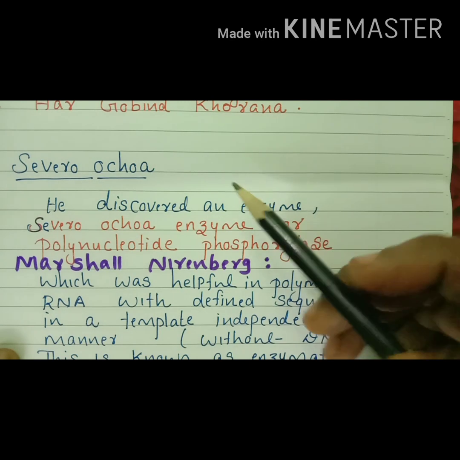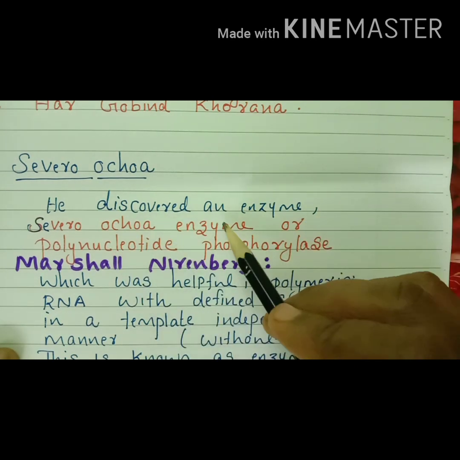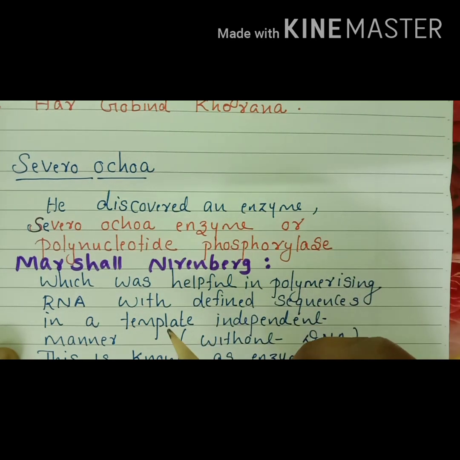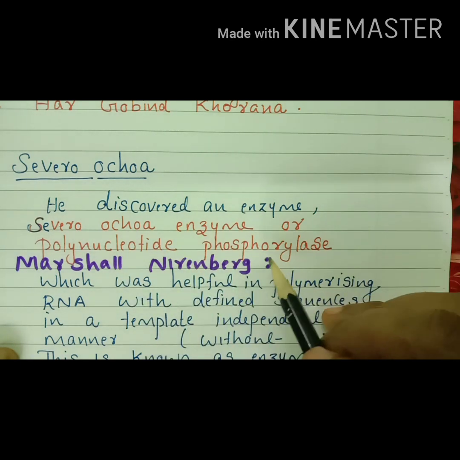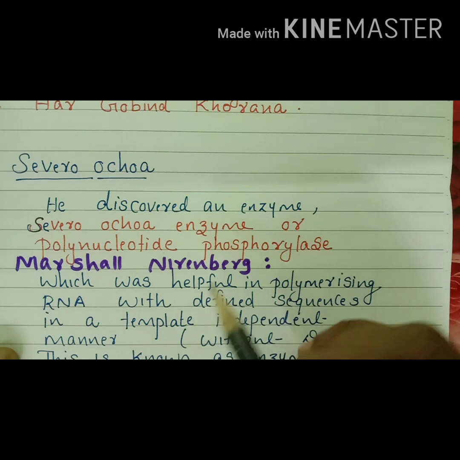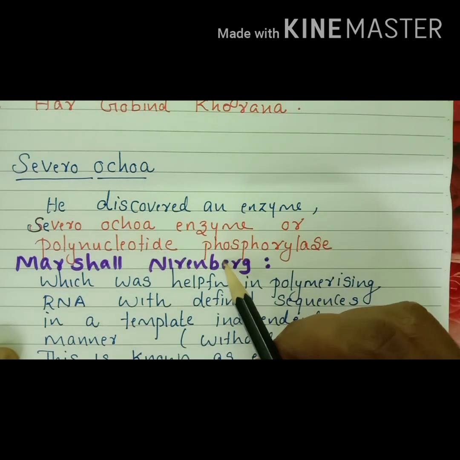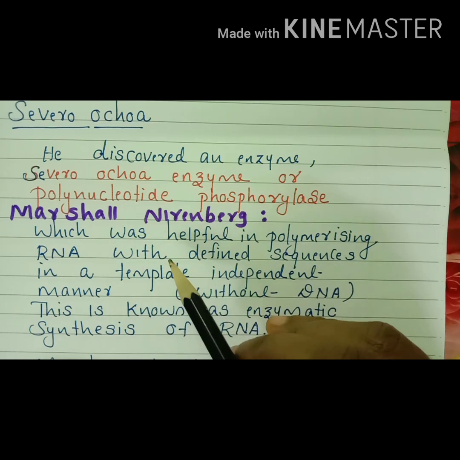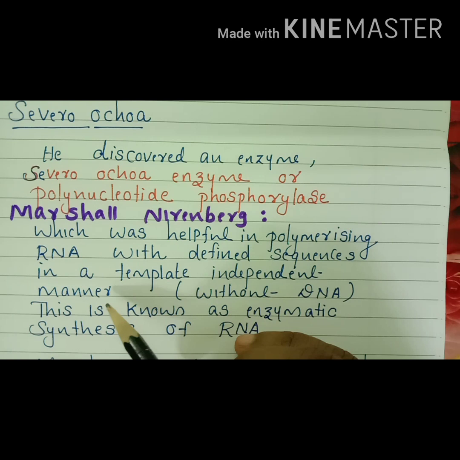Severo Ochoa is a scientist. He discovered an enzyme called the Severo Ochoa enzyme or polynucleotide phosphorylase. With the help of this enzyme, Marshall Nirenberg polymerized an RNA molecule with defined sequences in a template-independent manner.